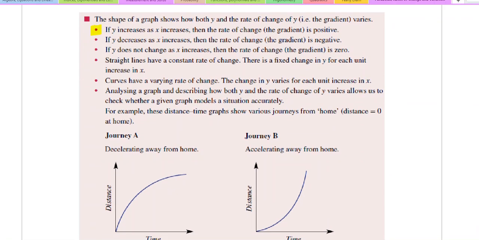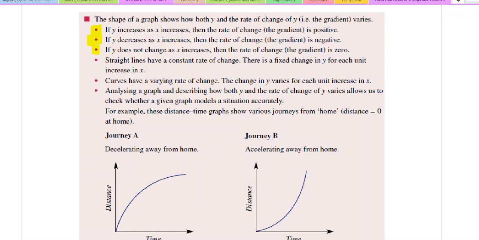If y decreases as x increases, then the rate of change of the gradient is negative. If y does not change as x increases, then the rate of change of the gradient is 0.